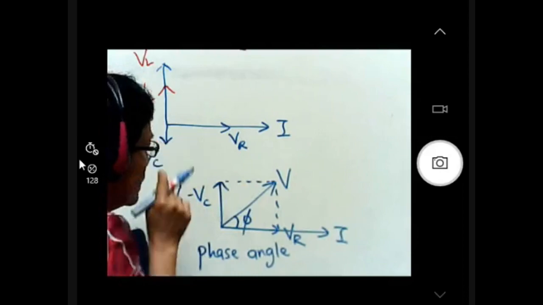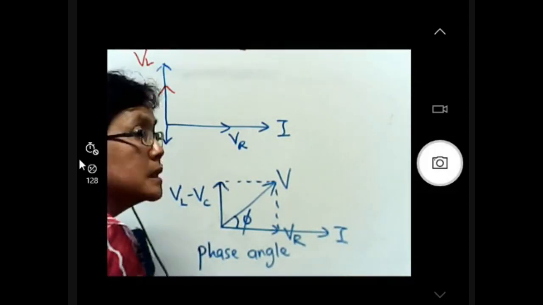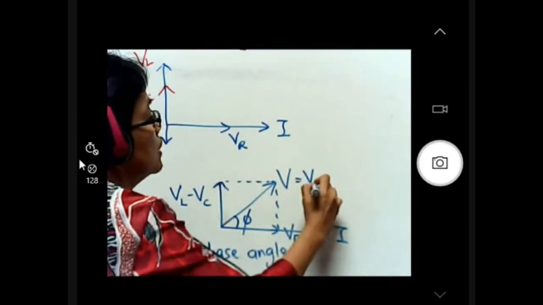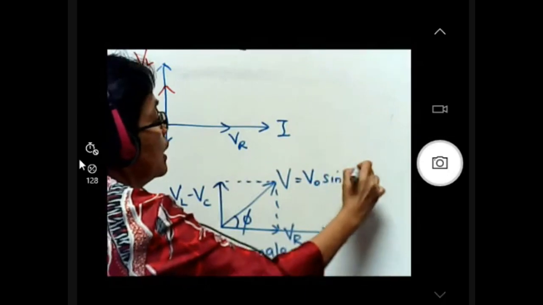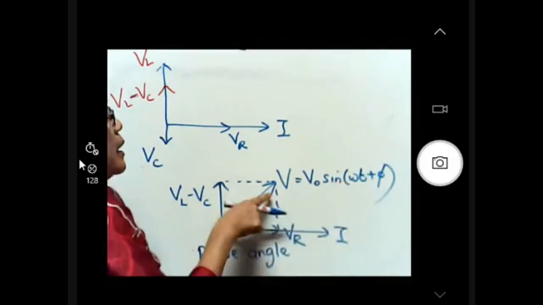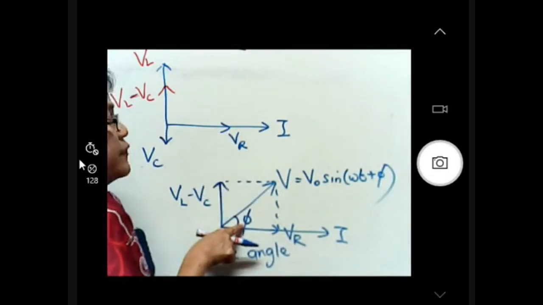That means if you want to write in terms of sine equation, the instantaneous source voltage becomes V equals V naught sine omega t plus phi. Meaning source voltage leads current by a phase angle phi.